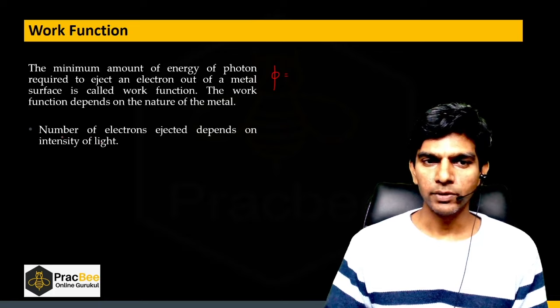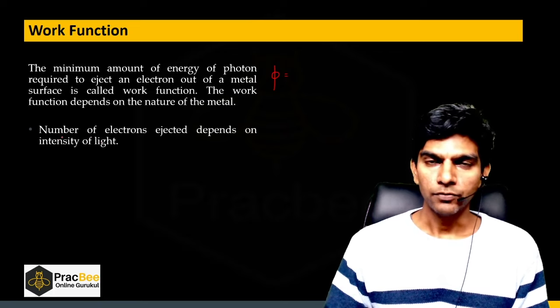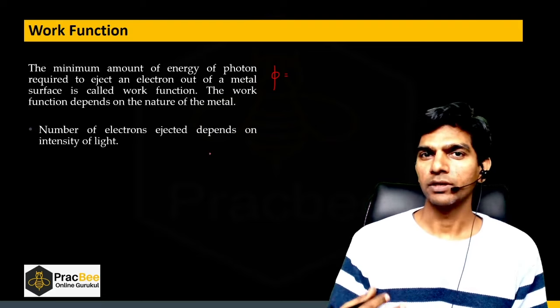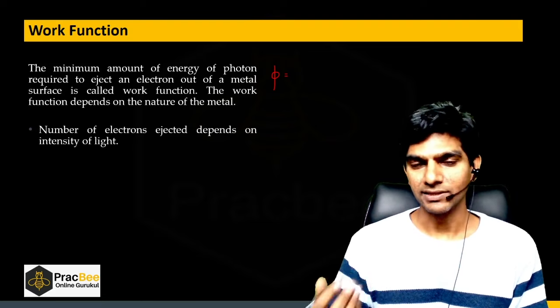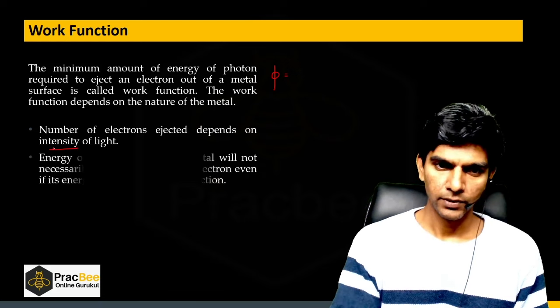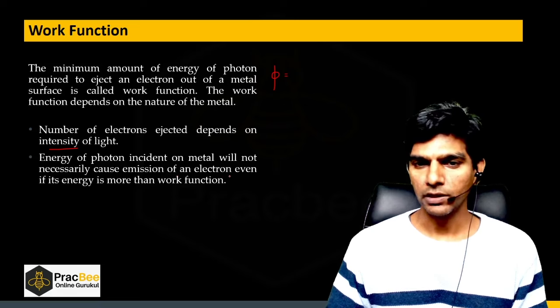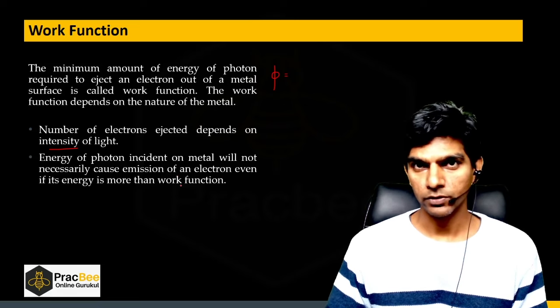We should also remember that if we want to eject more electrons, we have to incident more photons. Increasing the number of photons means increasing the intensity. The energy of a photon incident on metal will not necessarily cause emission of an electron, even if its energy is more than the work function.